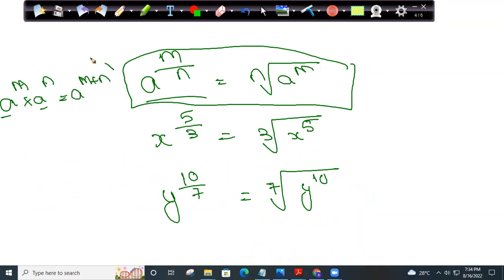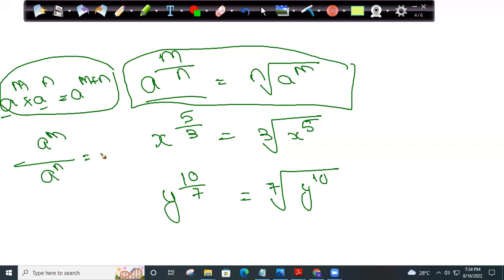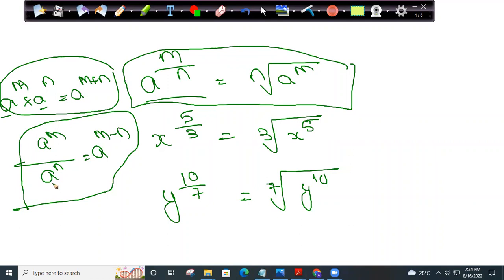The next formula: a power m by a power n is a power m minus n. So a power m by a power n can be written as a power m minus n. So these three formulas you should know.